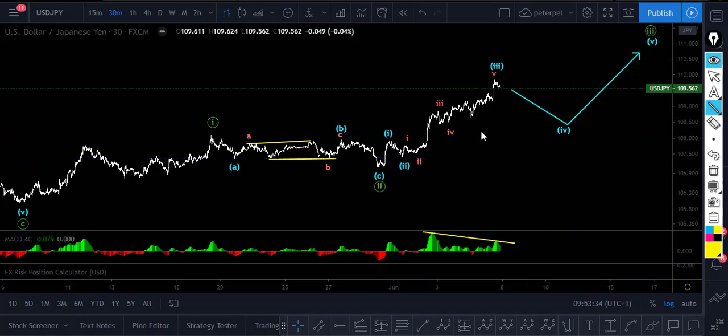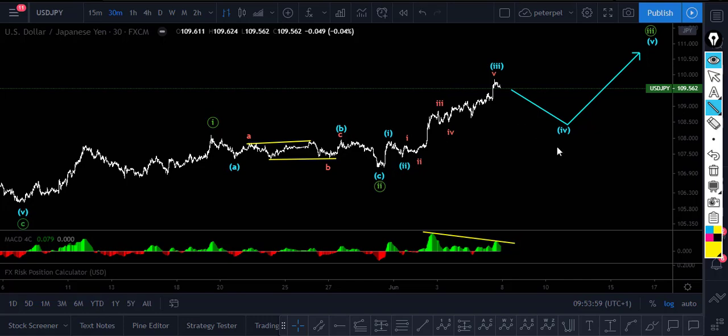When I posted it, we were around here, red wave 4. So price completed it, and now we've gotten a red wave 5 of blue wave 3, which was very easy money for those who took that scalping move. And now we are looking forward for a reversal, for a pullback to complete blue wave 4.